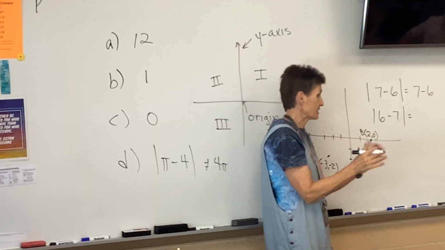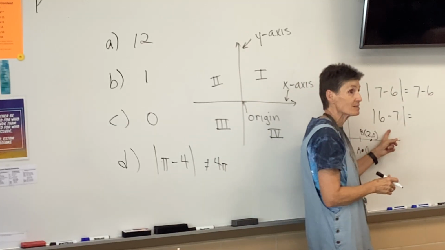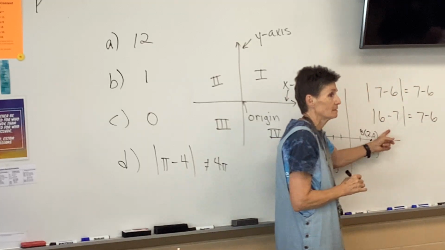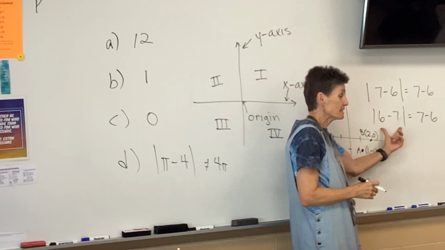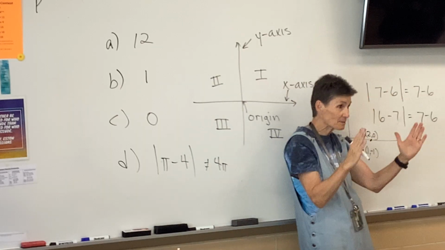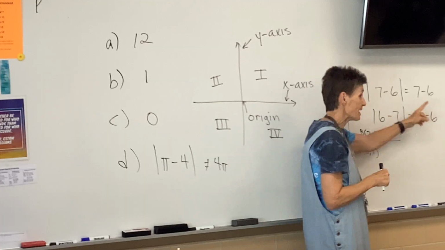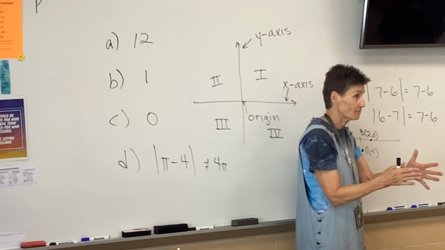That is not the same as 6 minus 7, but it is the same as 7 minus 6, isn't it? This is -1, the absolute value is +1. So when we take it out of the absolute value, we have to have the big one first. So it's positive, all right?